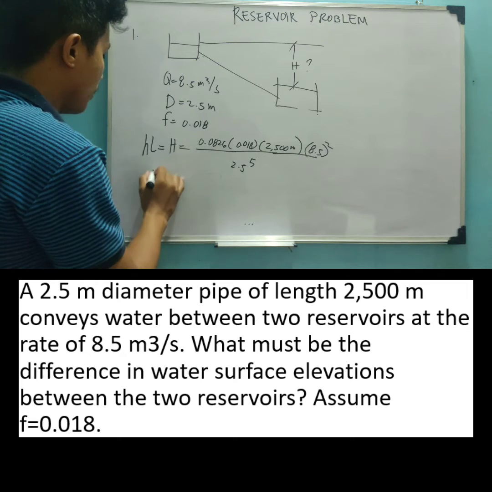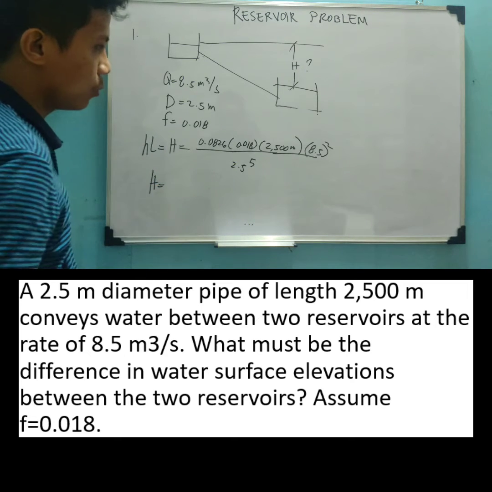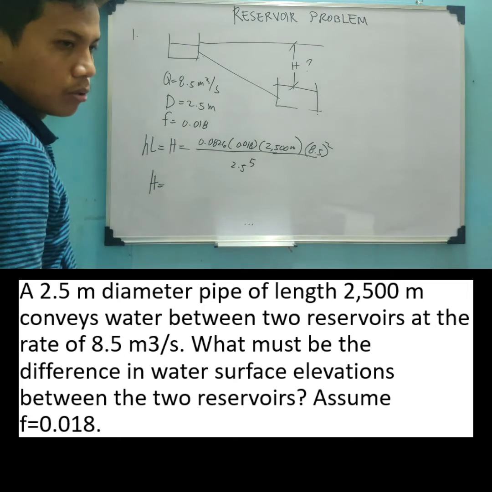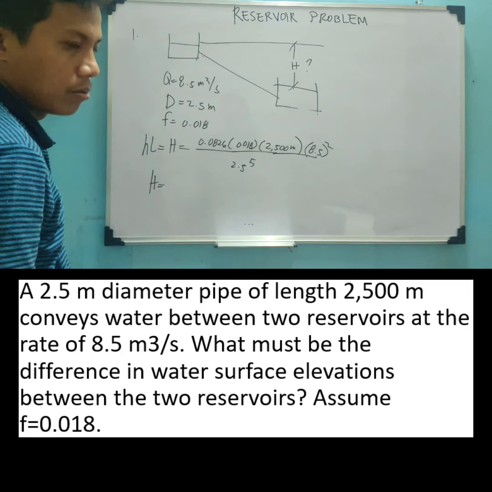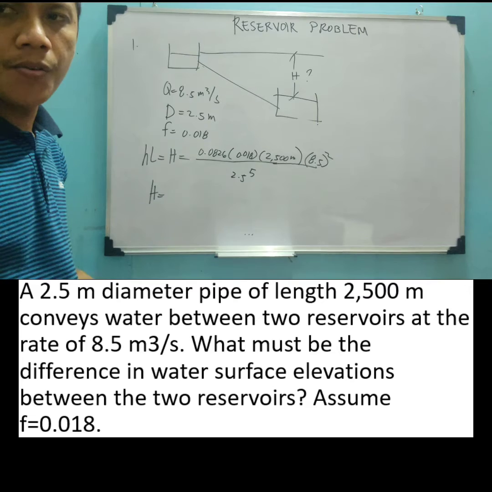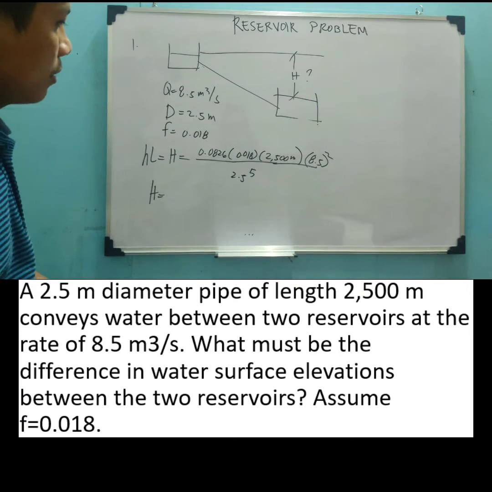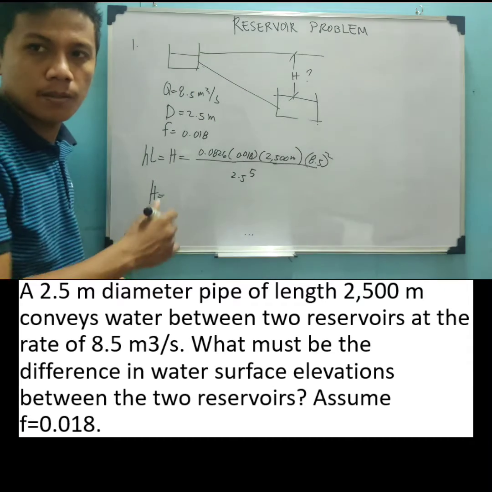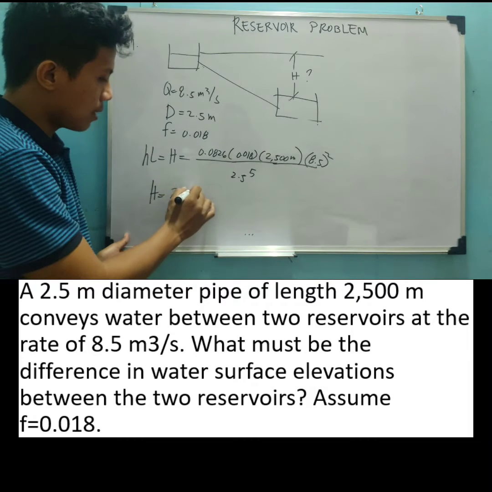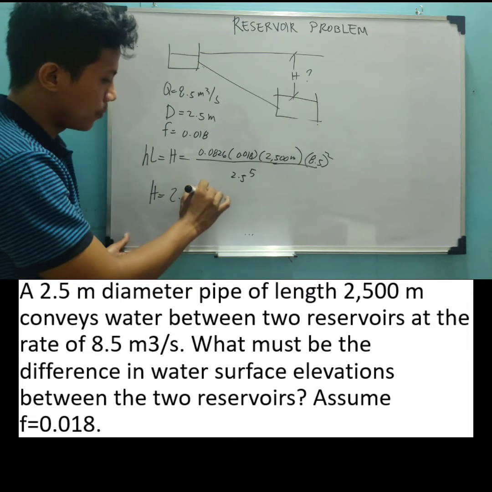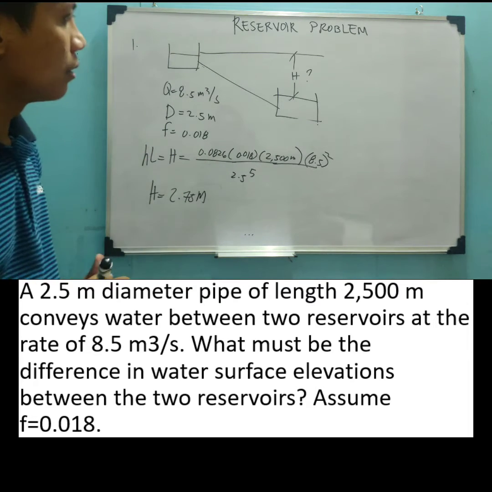So the difference in elevation H is equal to 2.75 meters.